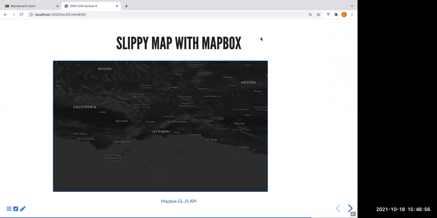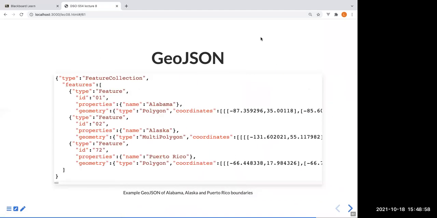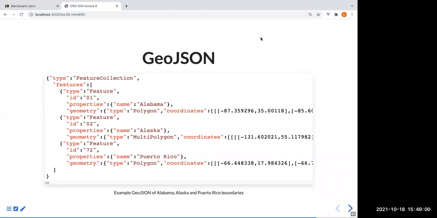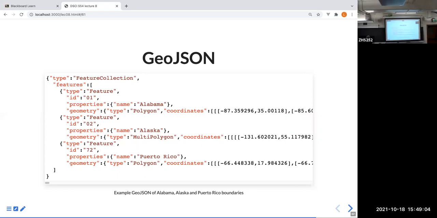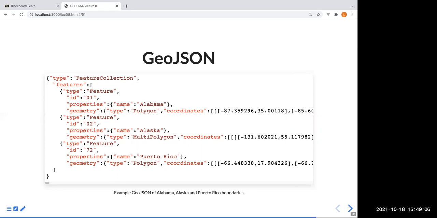So we're going to see how, if I can get out of here. Okay. Everything that you saw in the map is basically vector data, right? And this is usually encoded in a JSON format called GeoJSON, spatial JSON, and it looks like this.